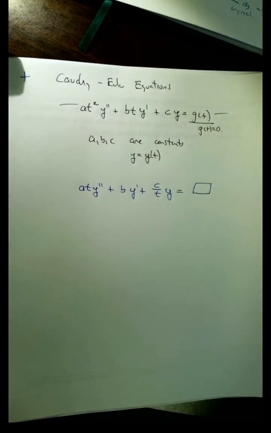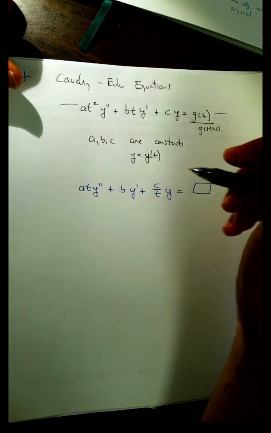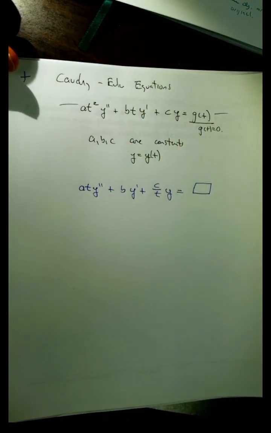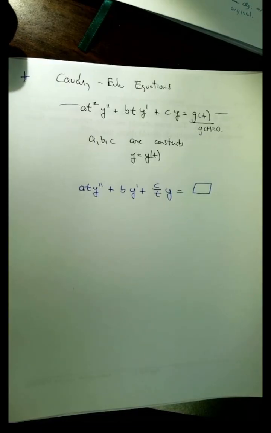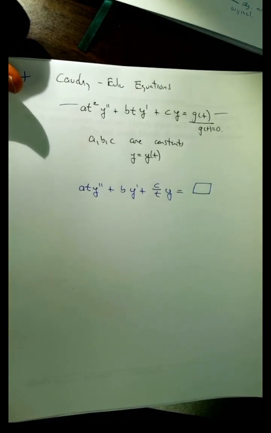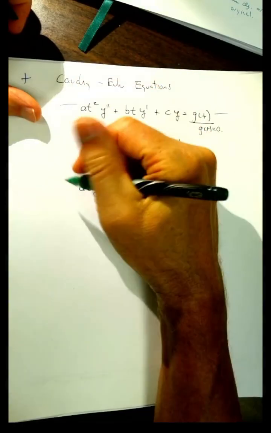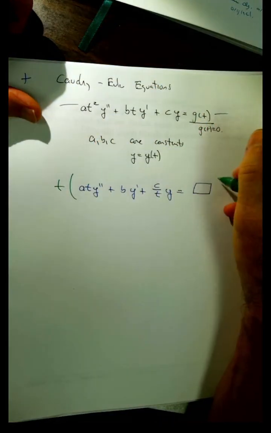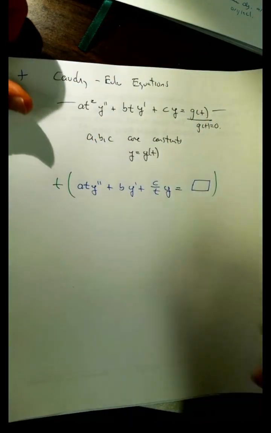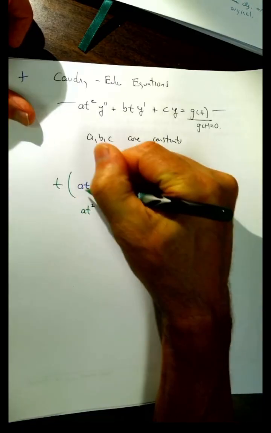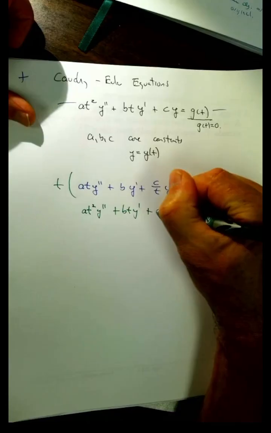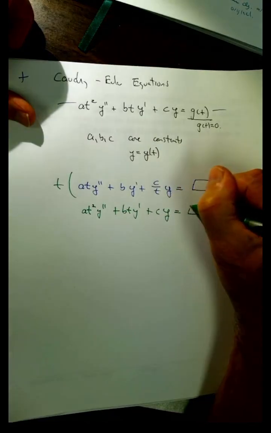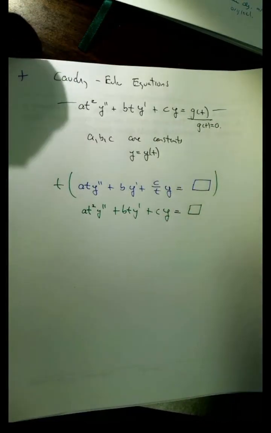When you do the derivations, for example in polar coordinates, these kinds of equations arise. The way we normally deal with this is we multiply everything through by t squared, and then you get something in the form of what is in the book.